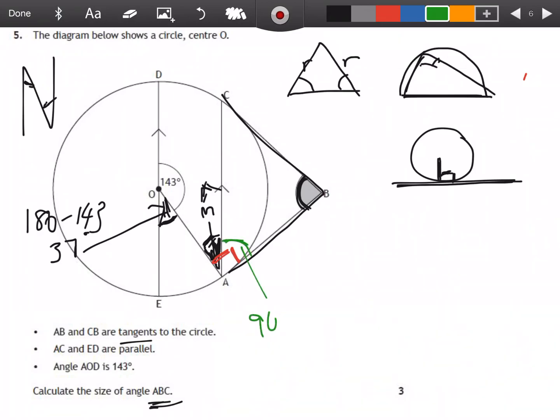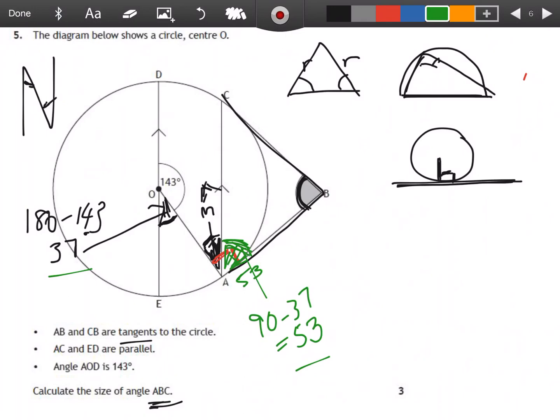Well, 90 take away 37 is 53. So that green bit there, I'll now colour it in green, is 53. For getting that so far, we would now have 2 marks. Basically a mark for 37 and a mark for 53.